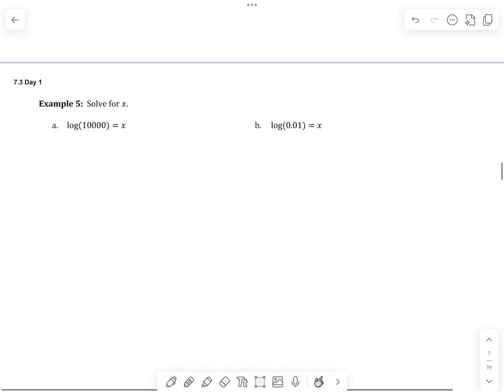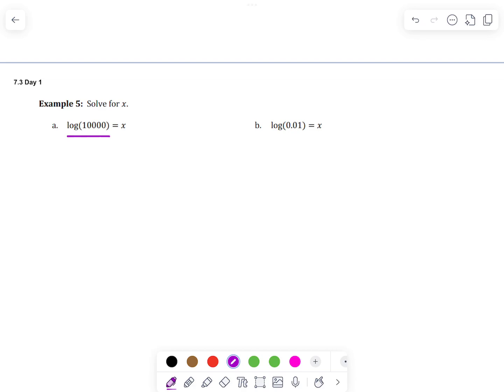All right, here's a couple of examples with the common log. So notice that this logarithm does not have a base, so it's understood that that's a base 10. So if you get confused, just always write the number 10 in. Like that.